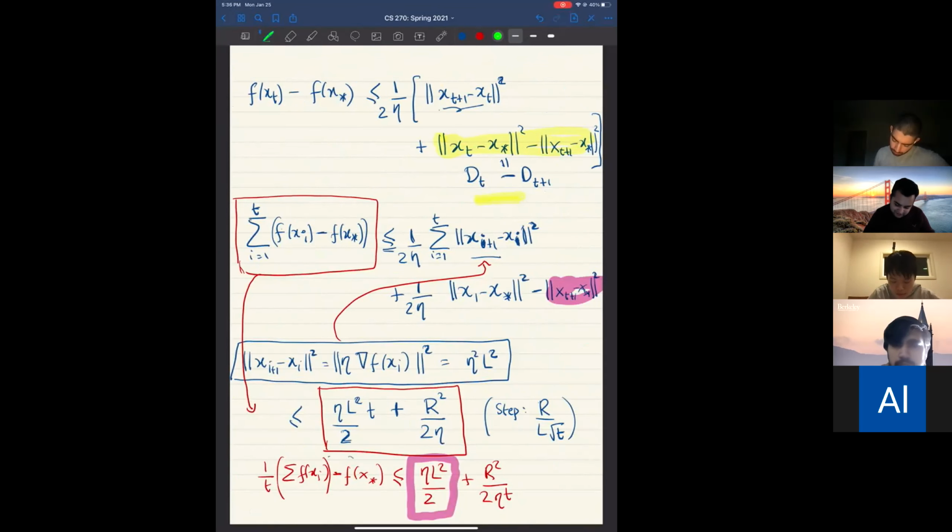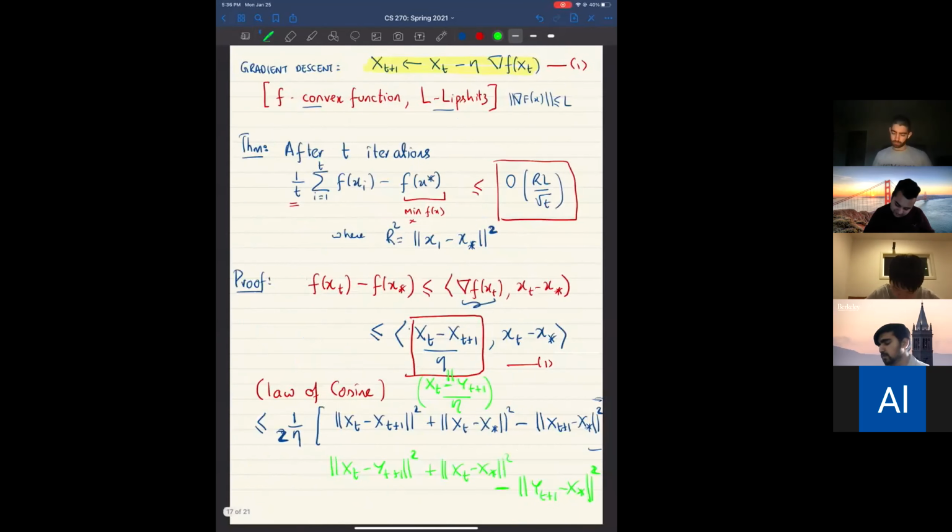The only trick is, again, the first term here, xt minus yt plus 1 whole squared: you will use a naive bound, since this is the gradient. So you use the naive bound that this is at most L, just like we did here.